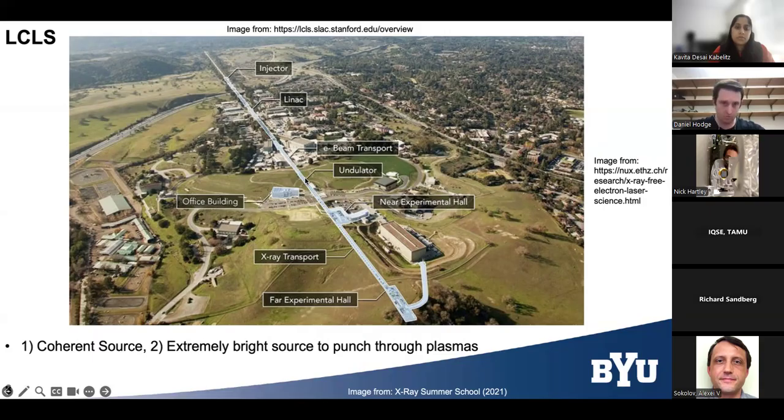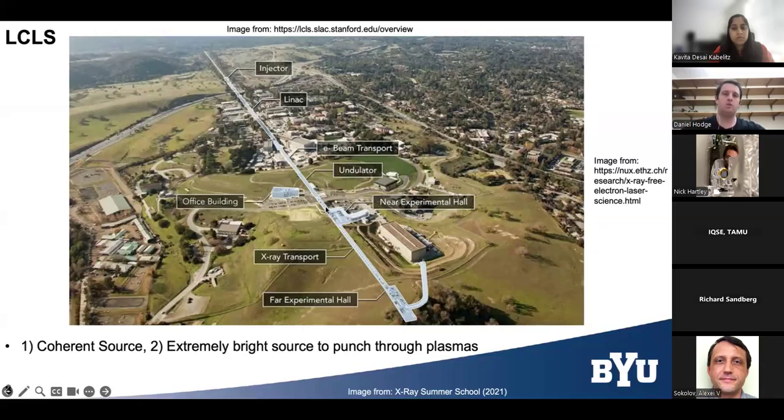And because electrons are accelerated, they emit radiation. And due to that radiation, they over time become coherent and can be used at the far experimental hall, where we were taking our data.